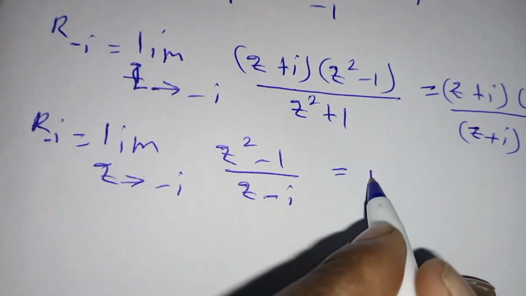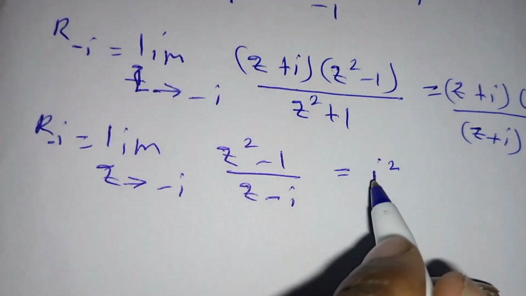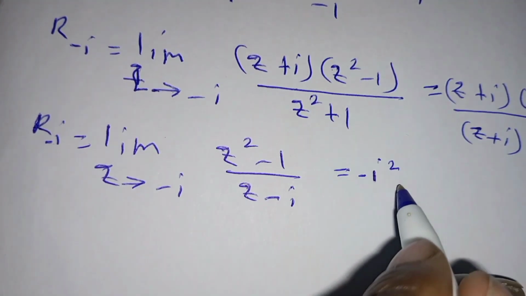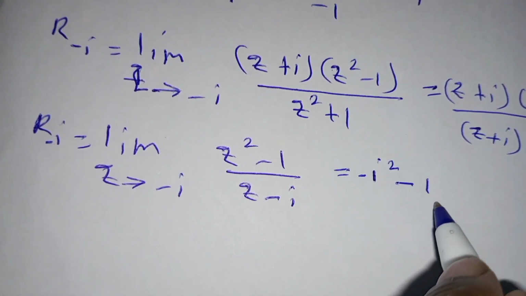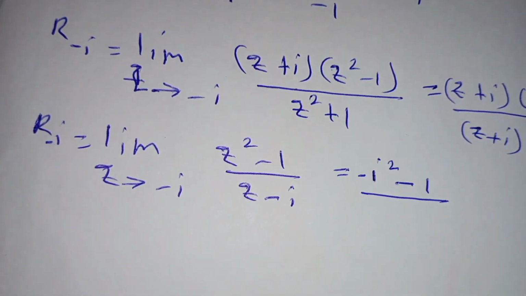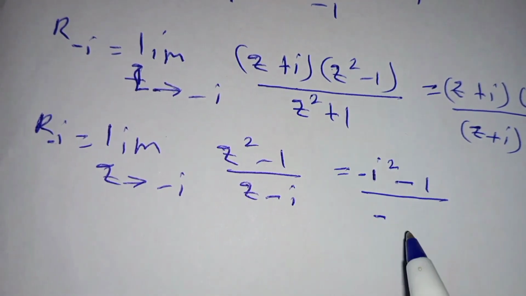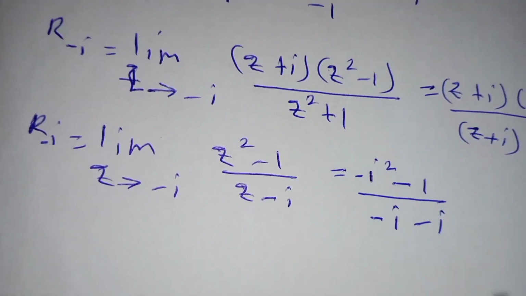Which is equal to (negative i squared minus 1) divided by (negative i minus i).